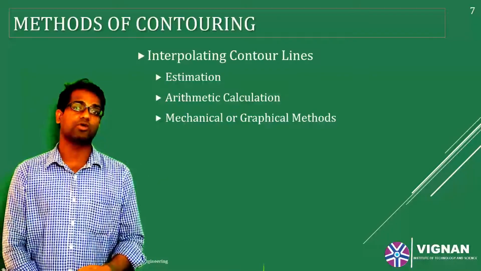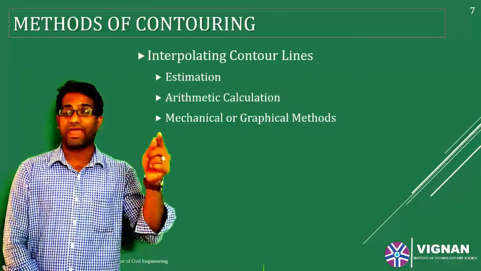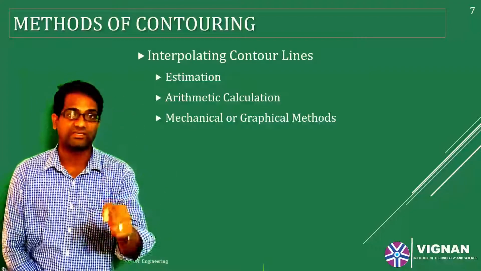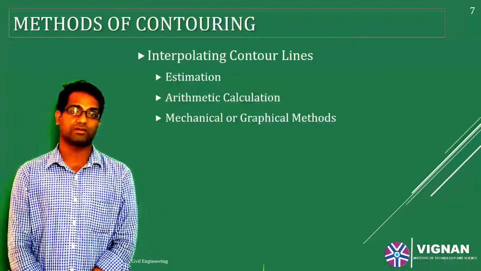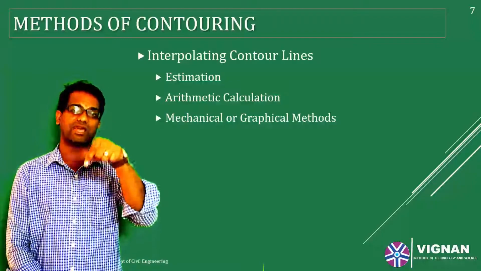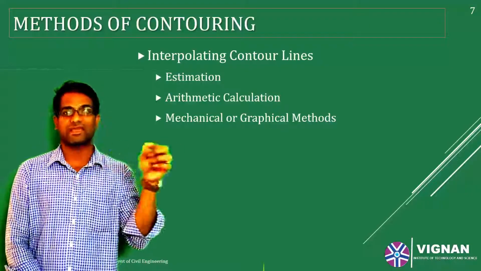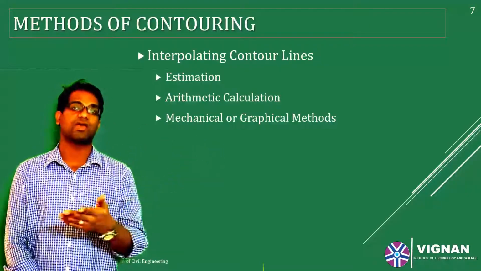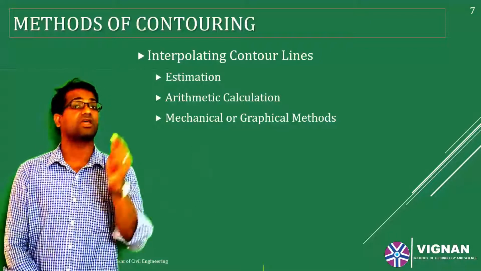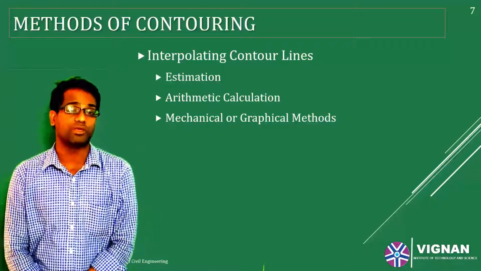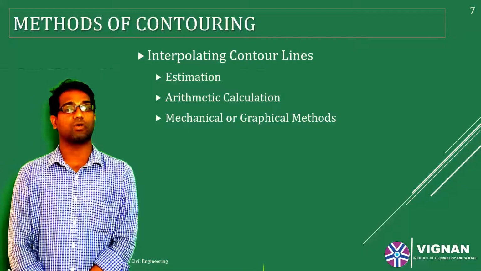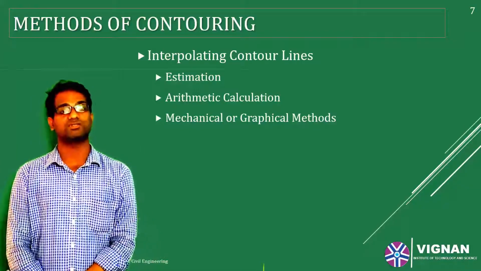Now if I choose a point inside the rectangle, and if I know the x distance and y distance from any of the sides, then you should be able to tell what could be the reduced level of that point. That method is called interpolation.